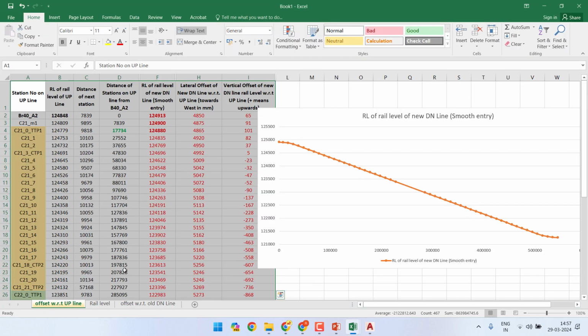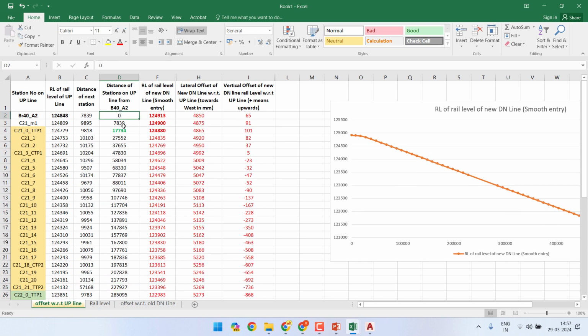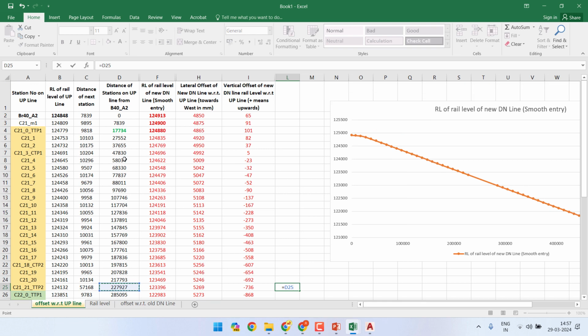Let me open that file. So this is curve 21, and TTP2 is at a distance of 227,925 millimeters ahead of the bridge, and if TTP is this, the total distance is equal to this minus this, 21.019 meters, which is 21 meters and 19 millimeters, or approximately 2 centimeters extra, which is almost 21 meters. And this is along the curve.